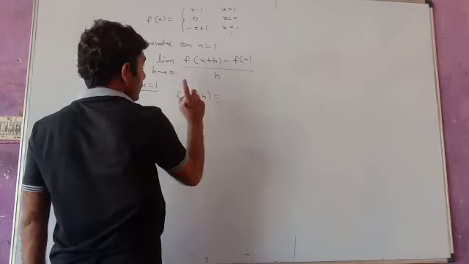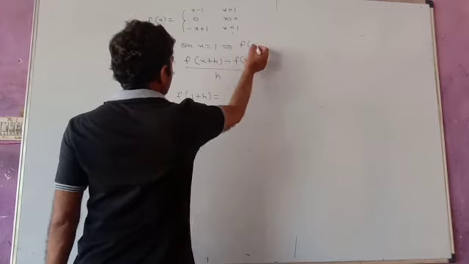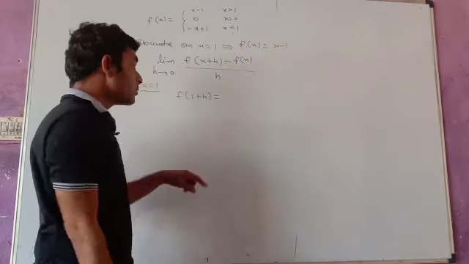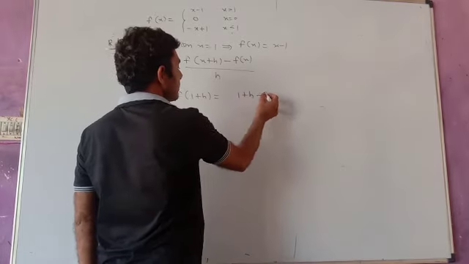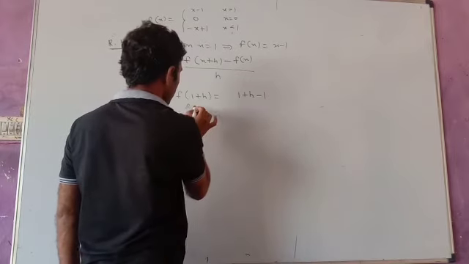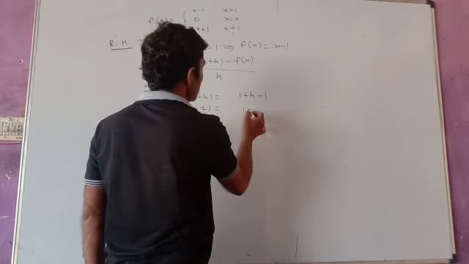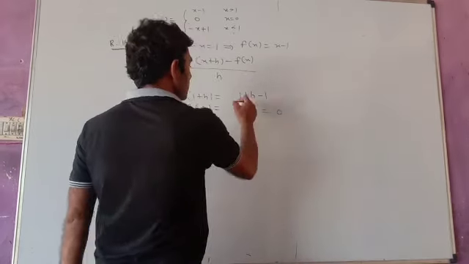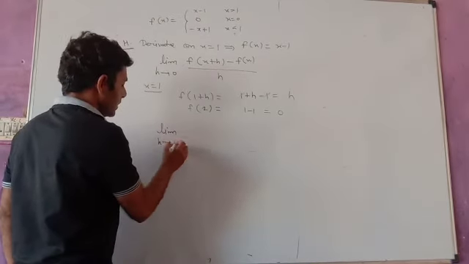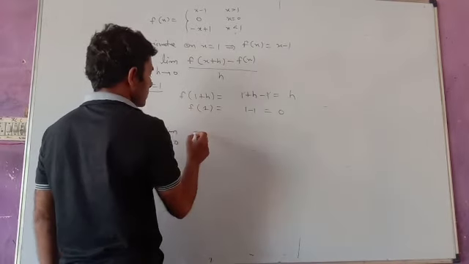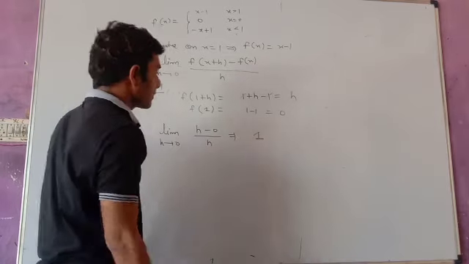Our function is f(x) equals x minus 1. We have to put the value of x as 1 plus h. So we have 1 plus h minus 1. This is f(1 plus h), and f(x) is f(1). f(1) is 1 minus 1, which means 0. This value is h. The derivative is limit h tends to 0, putting the values, h minus 0 upon h. After calculation we get 1.